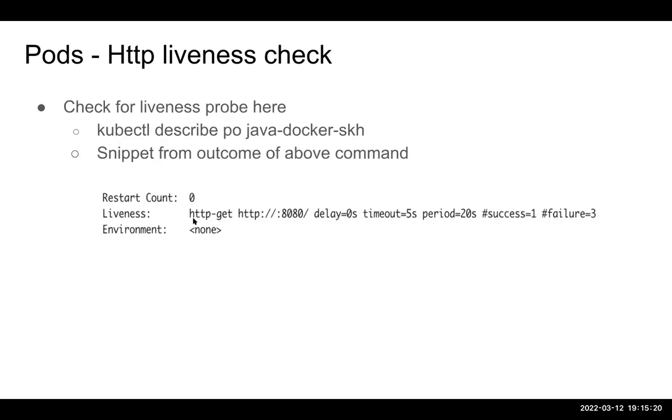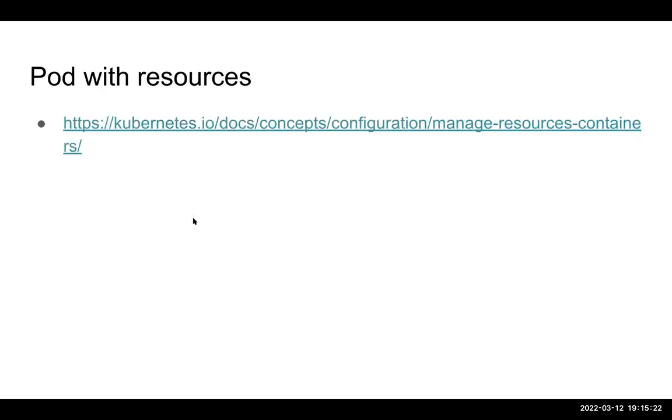This is what I showed you. Basically, periodSeconds means that, say every 20 seconds, it will keep checking, right? If at any time it fails, it is considered a failure.